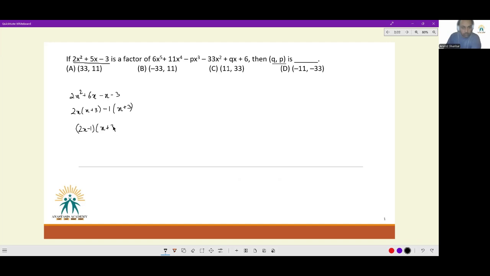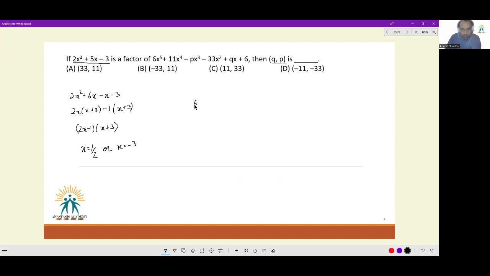into x plus 3, which means if this is a factor of the given expression, if I put down x equal to half or I put down x equal to minus 3, this expression should return 0. Let us go ahead and make two equations out of it.